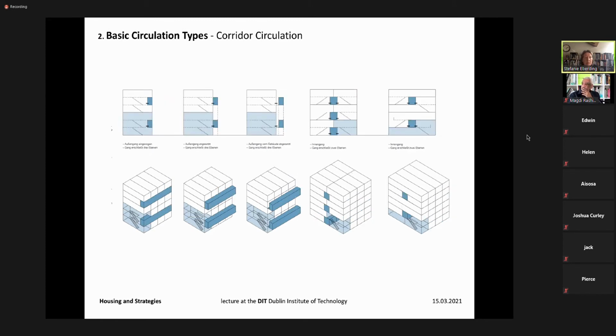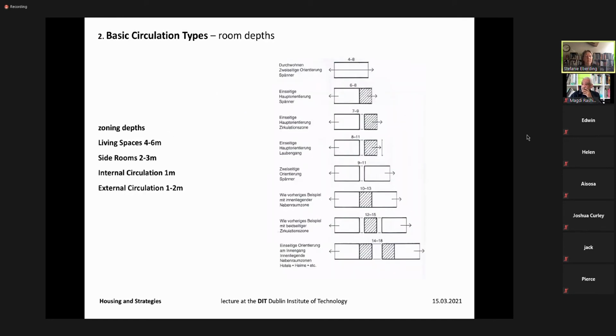You can see on the left side the corridor is outside, attached to the building, and on the right side you see which is really common, for example, for hotel buildings, where the corridor lies inside the house. I show you building examples.